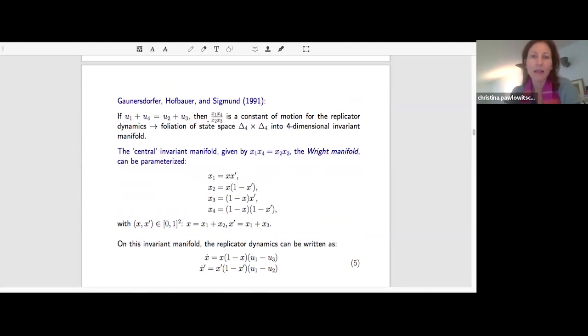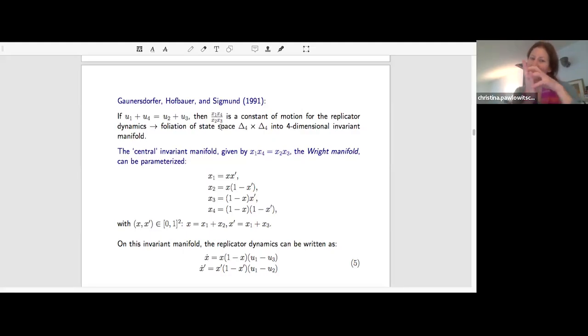This property dynamically means that we have a constant of motion for the replicator dynamics, and that the replicator dynamics corresponds to a foliation of invariant manifolds, so 4-dimensional invariant manifolds. And what we truly do, so when I was saying before, we have analytical results, what we really do is we look at the dynamics on this central invariant manifold.